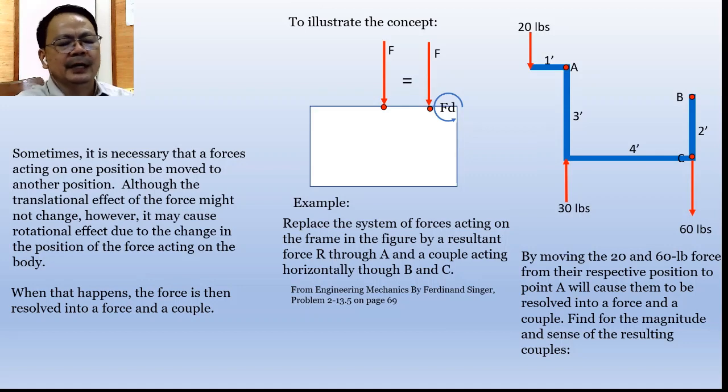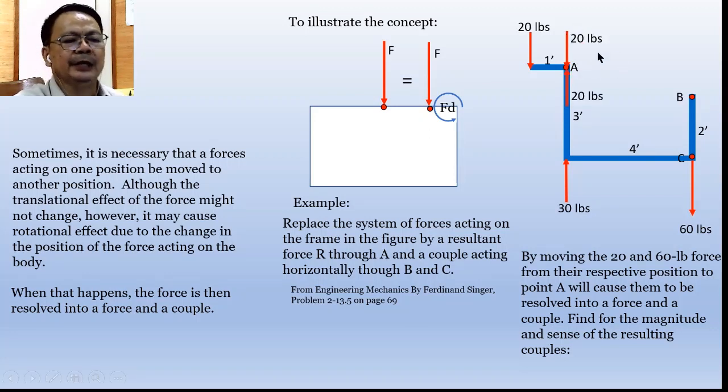Imagine that at this point, we add two forces with equal magnitude, collinear in action, and opposite in direction. What are we adding now? We will actually be adding an equilibrium. Let us show it this way. These blinking forces that we added are in equilibrium.